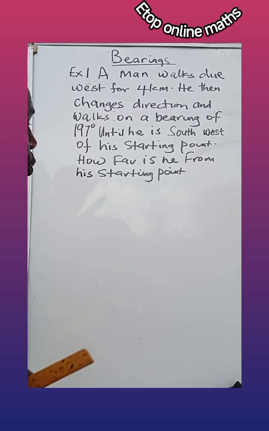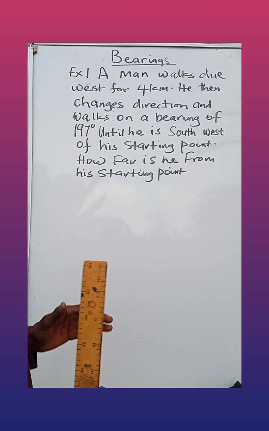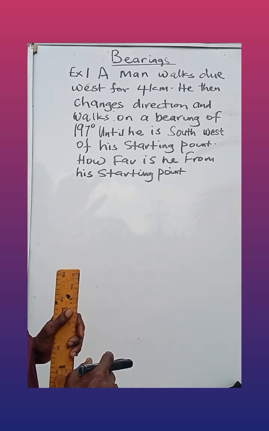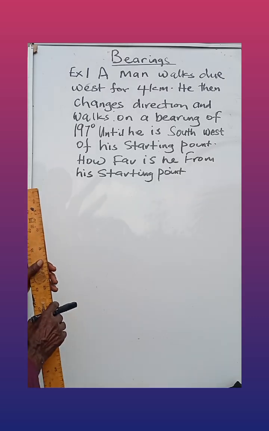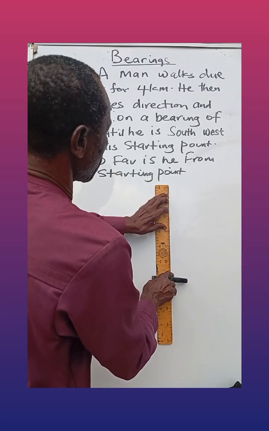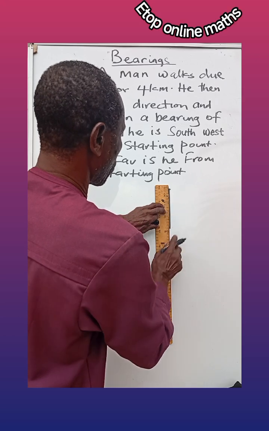So for us to be able to solve this question, we must take the diagram. We explain it from the diagram. So I start. Now, the man moves due west. The man stands somewhere here. I take my cardinal point.